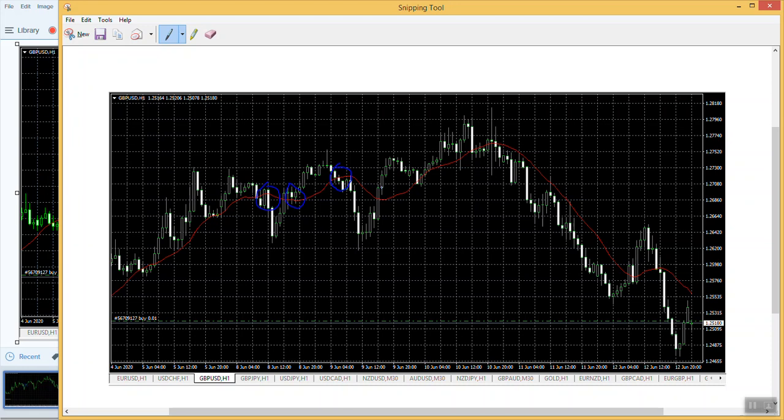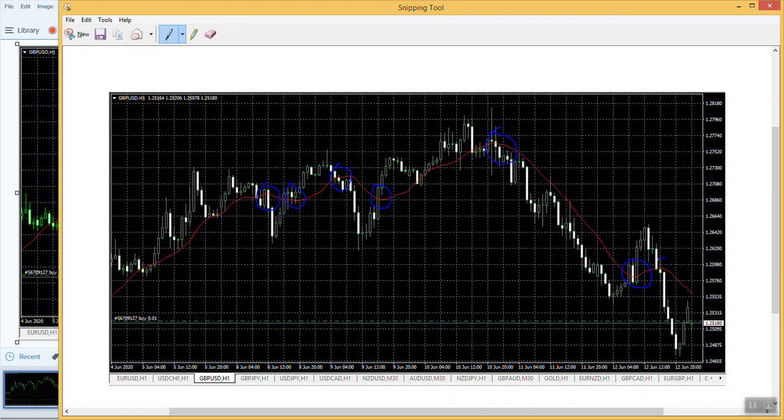The next visible crossing is here. It came from below to above, so in this case we buy. Okay, the next visible crossing happened here. Can you see? Now it crossed from above to below it, so here we sell. No visible crossing until this place. It crossed from below to above the red line, so at this point we buy.